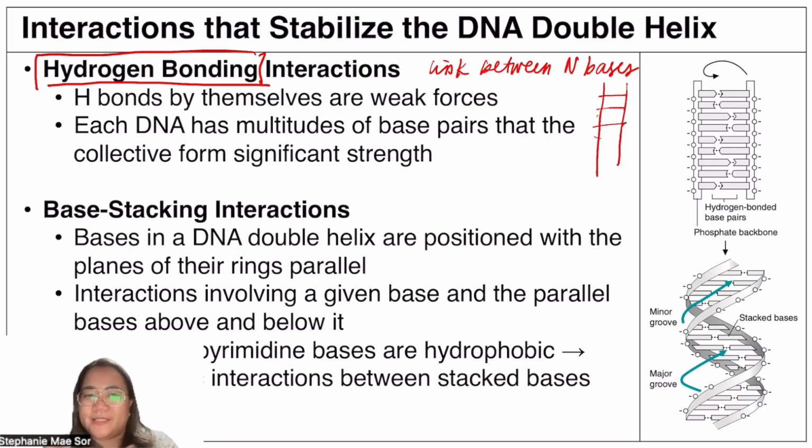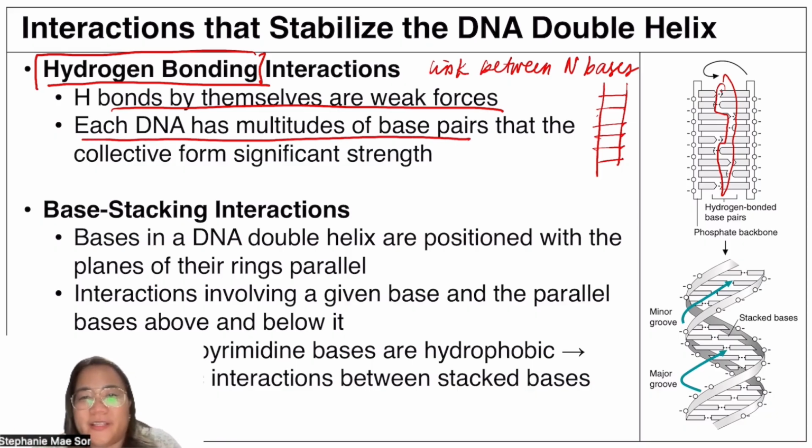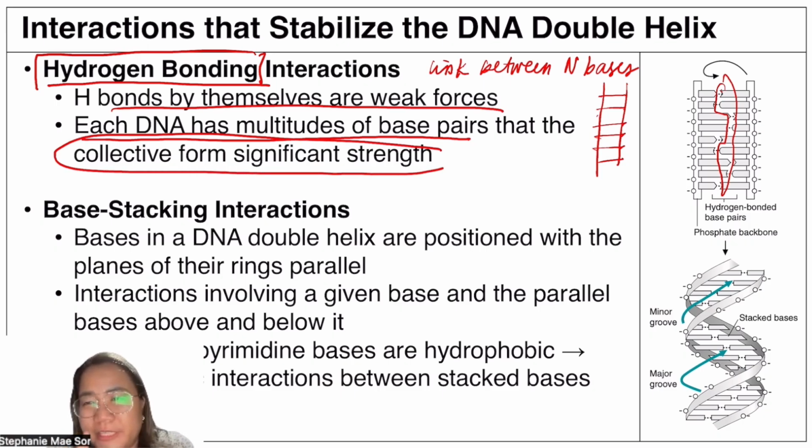Doon sa ladder mo, yung mga steps niya is your nitrogenous bases, and then doon sa nitrogenous bases na yun, the bonds between them are hydrogen bonds. So, hydrogen bonds by themselves are weak forces, pero by virtue of the number of base pairings in a DNA molecule, nagiging very strong yung bonding ng DNA molecule, kasi sobrang daming hydrogen bonds nga in between.